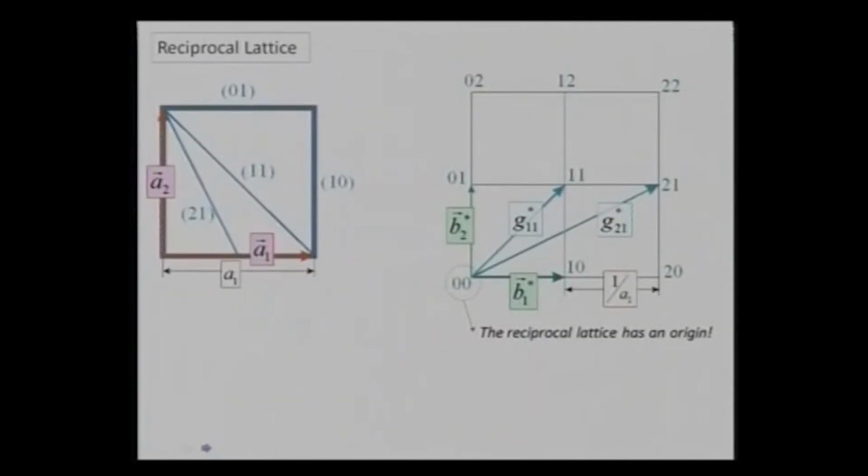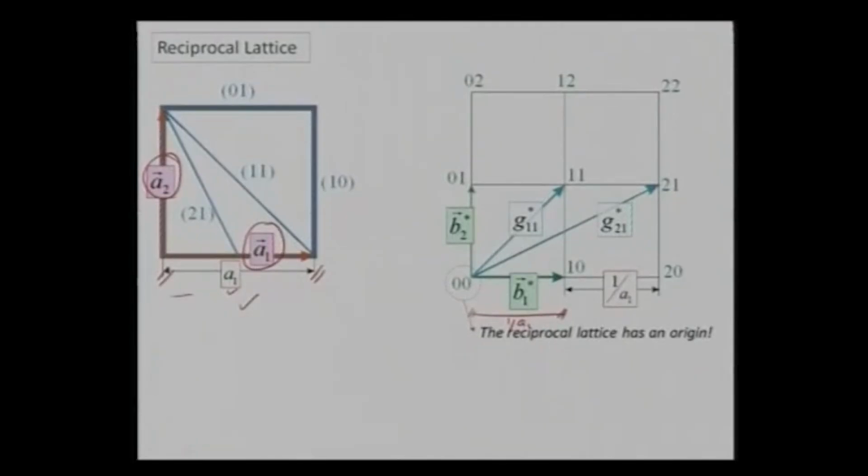To construct a reciprocal lattice, this would be the normal lattice construction. So I have A1 vector and A2 vector which are in the real space, with the length along the A1 direction being A1. So in reciprocal space, this particular length which is A1 now becomes 1 by A1 in my reciprocal lattice.